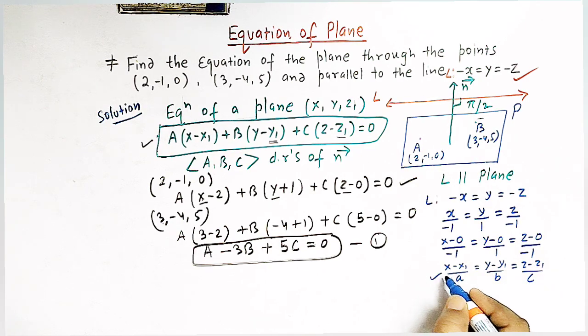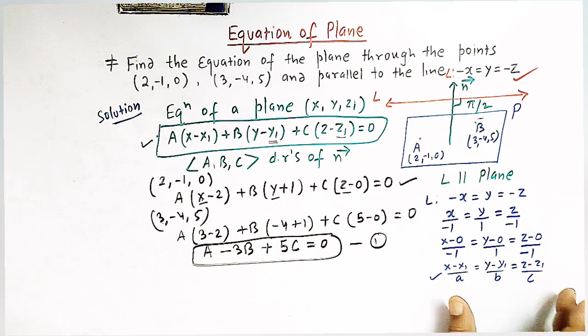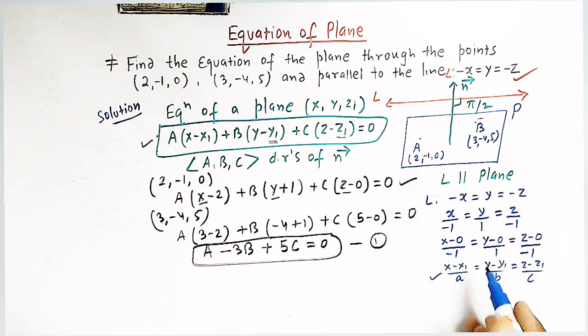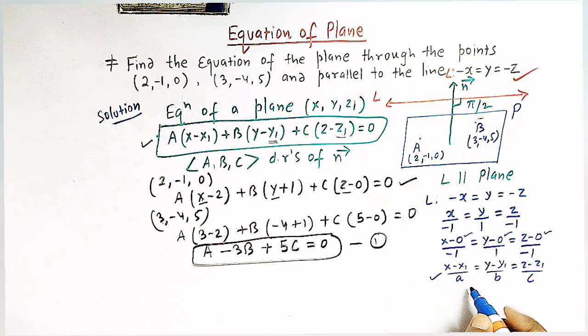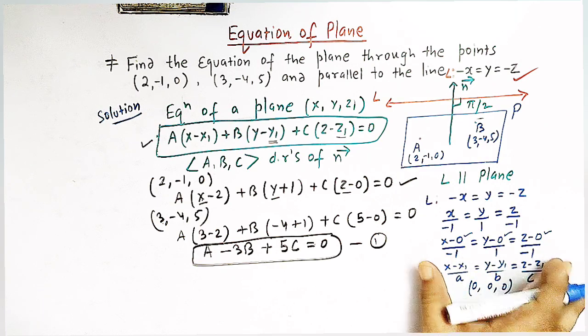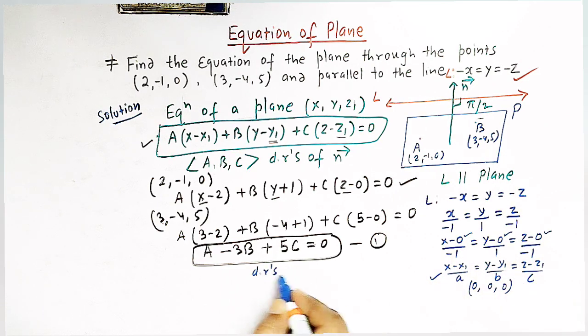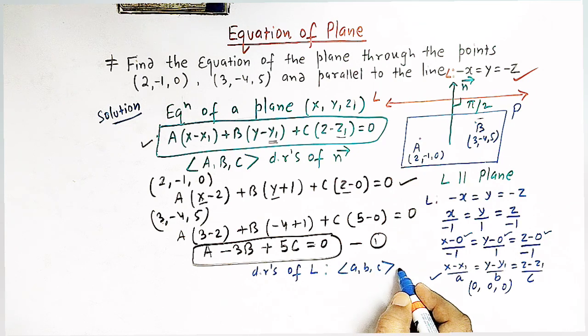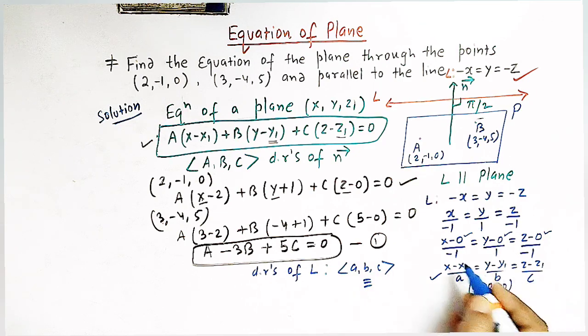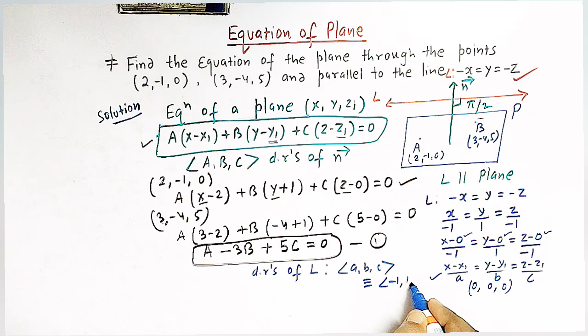So this is the standard or the symmetric form of the equation of the line L. And this equation suggests that this line passes through the point, the origin, that is 0 comma 0 comma 0, and the direction ratios of the line L are given by a, b and c, and here we have a, b, c as minus 1, 1 and minus 1.